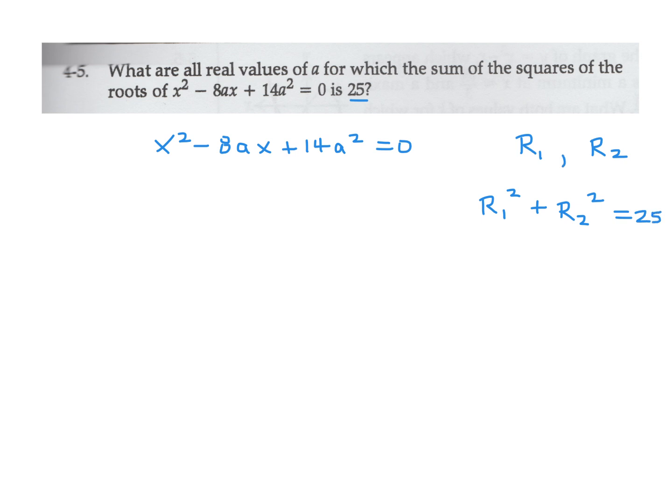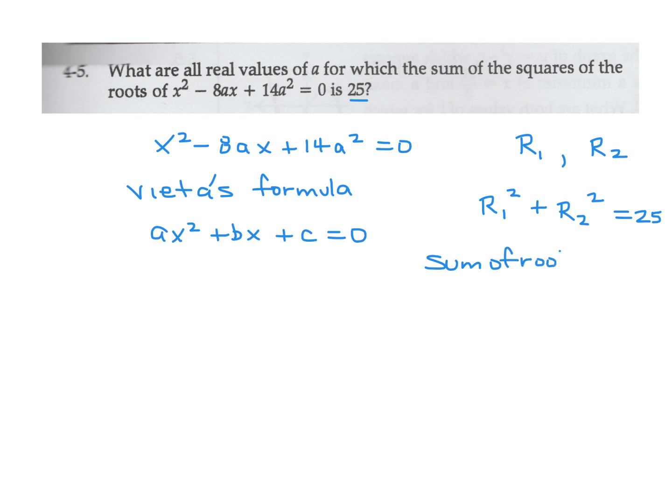Okay, so where do I go from here? I think you have to use Vieta's here. This screams Vieta's, actually. And for those of you who don't remember, not a problem. It says that if you have an equation of this form, ax squared plus bx plus c is equal to 0, the sum of the roots of that equation can be calculated by just minus b over a.